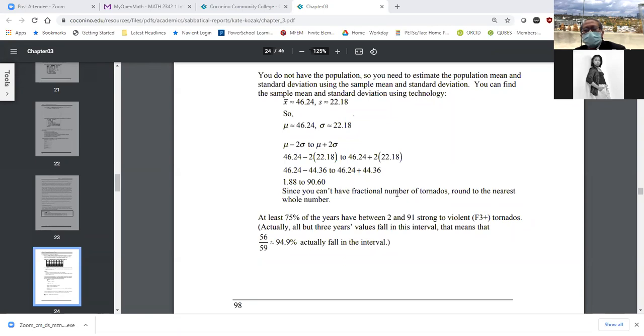Because you cannot have a fraction of a tornado, you need to round this to 2 and 91. So at least 75% of the years have between 2 and 91 strong to violent tornadoes.